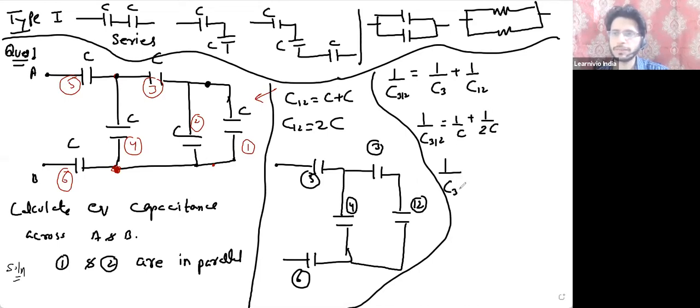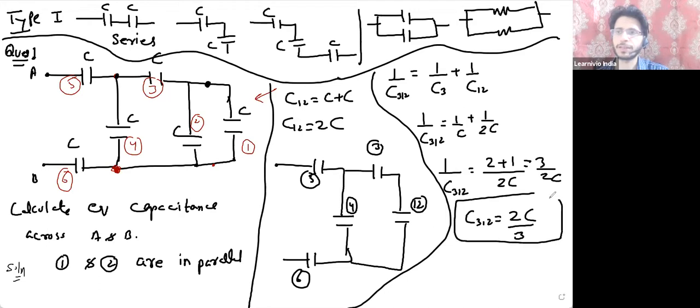So 1 by C312, the LCM is 2C, so 2 plus 1 is 3 by 2C. That means C312 is 2C by 3.